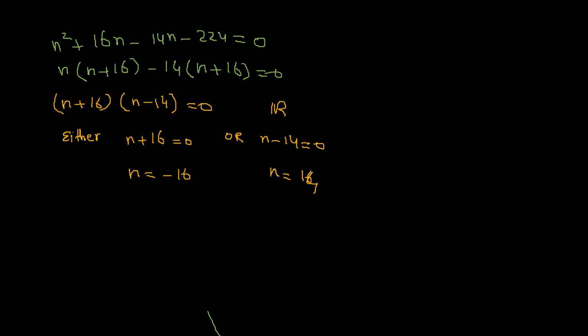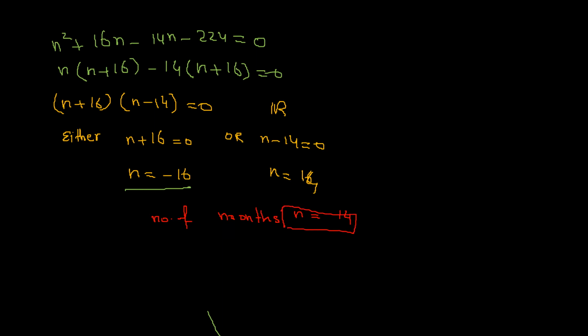So this one is not possible in this case. It means the required number of months, that is n, is 14.